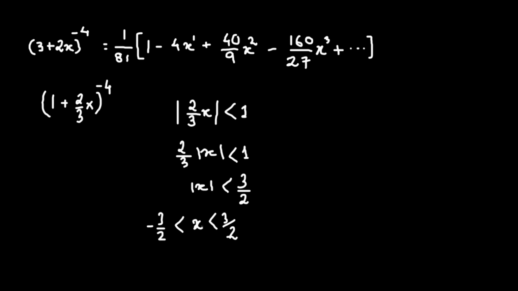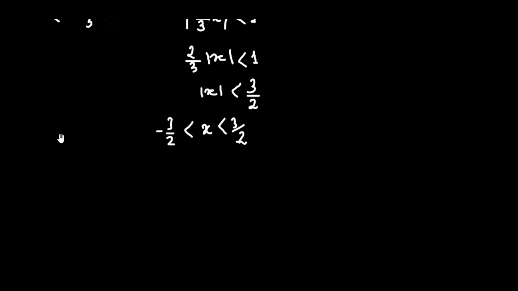Now let's move on to the second part of the question, where we have to expand (3 + 2x) raised to the power of negative 4 in the decreasing powers of x.